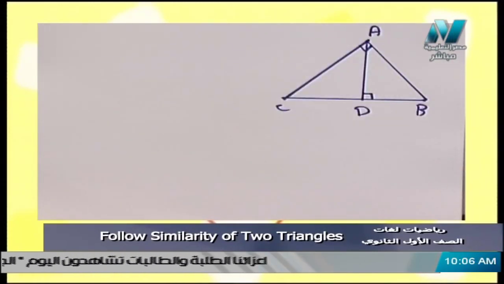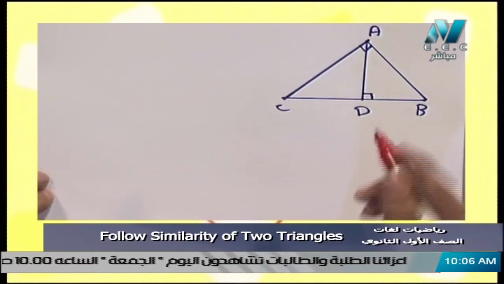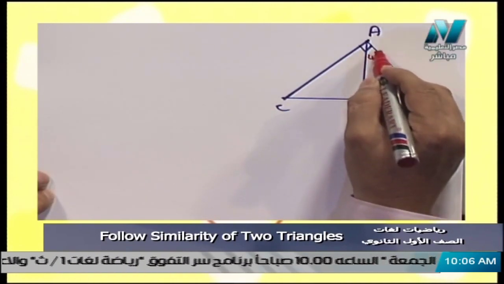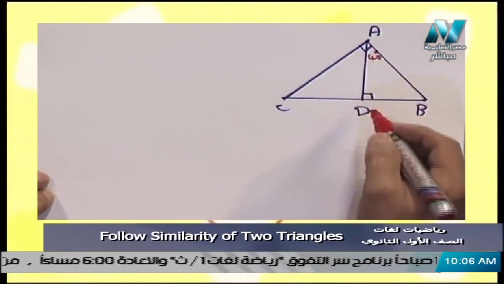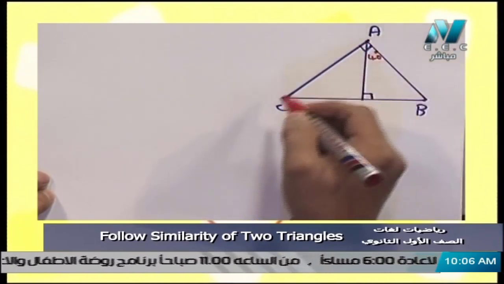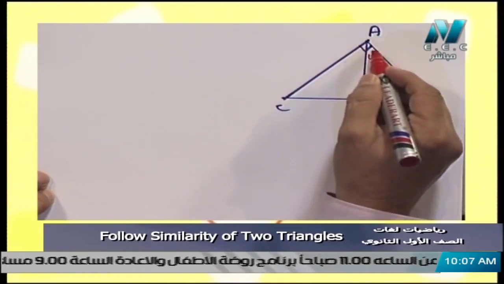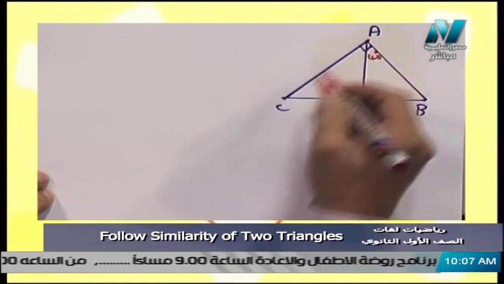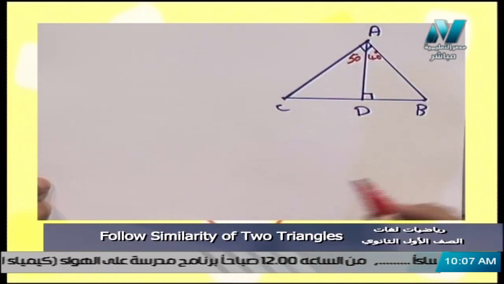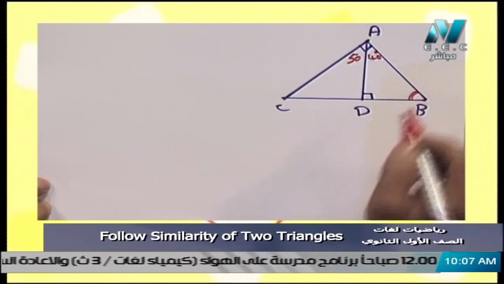Okay, if we consider that this angle is 40 degrees here, measure angle BAD is 40, and we have measure angle BAC, of course it's 90, so measure angle DAC will be 50. Okay, what about measure angle B?